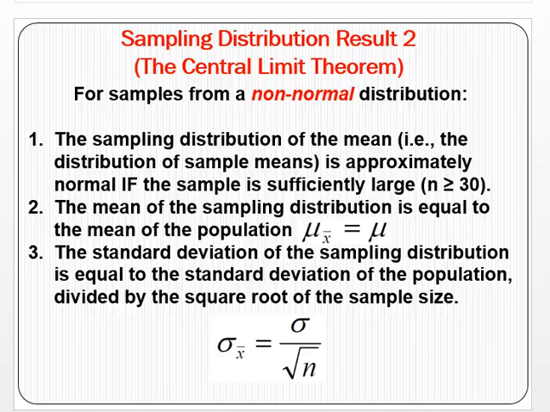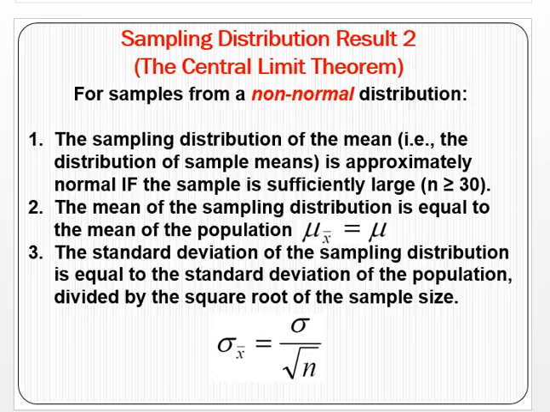Called the central limit theorem. It says: one, for samples from a non-normal distribution, the sampling distribution of the mean, the blue histogram, is approximately normal if the samples are sufficiently large. And what we consider sufficiently large in statistics is anything greater than or equal to 30.